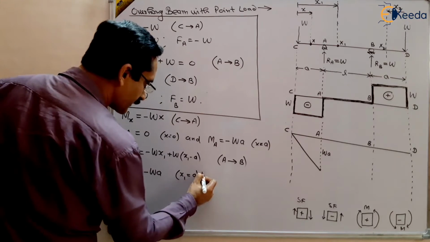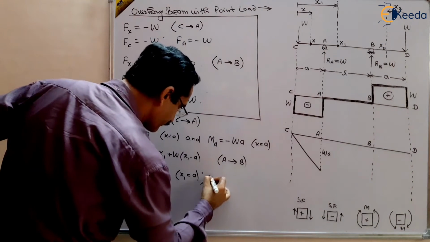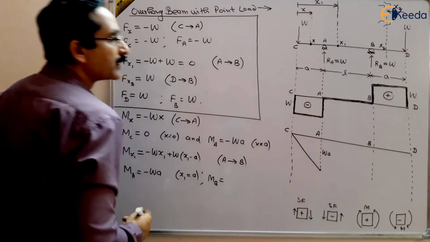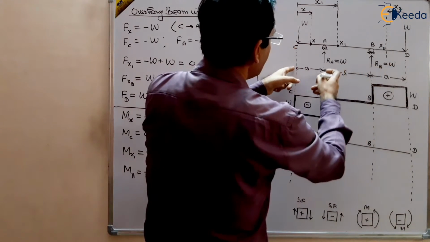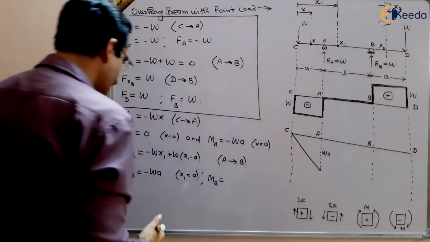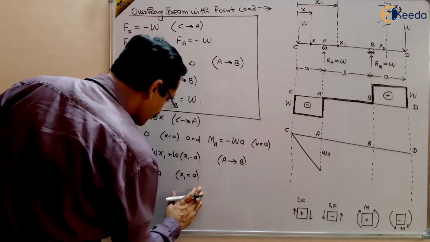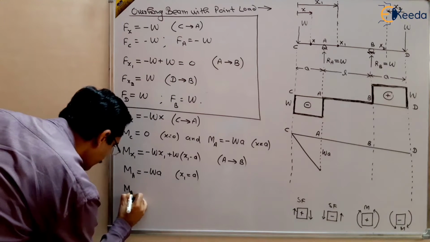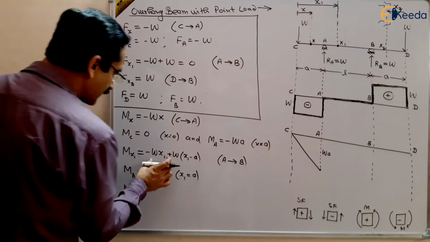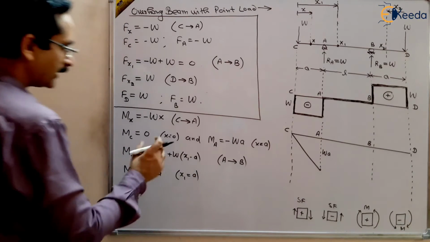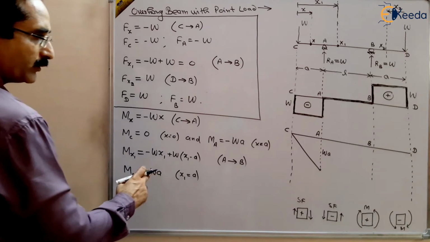And at B point, MB. At B point, the x1 will become A plus L. So you can put here MB, that is A plus L. So MB will be equal to, when x1 is A plus L, put here A plus L, put here A plus L, and you will get the value.